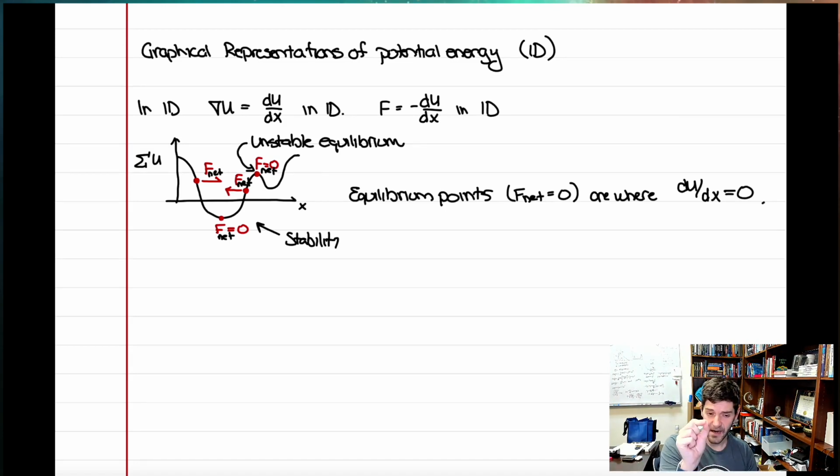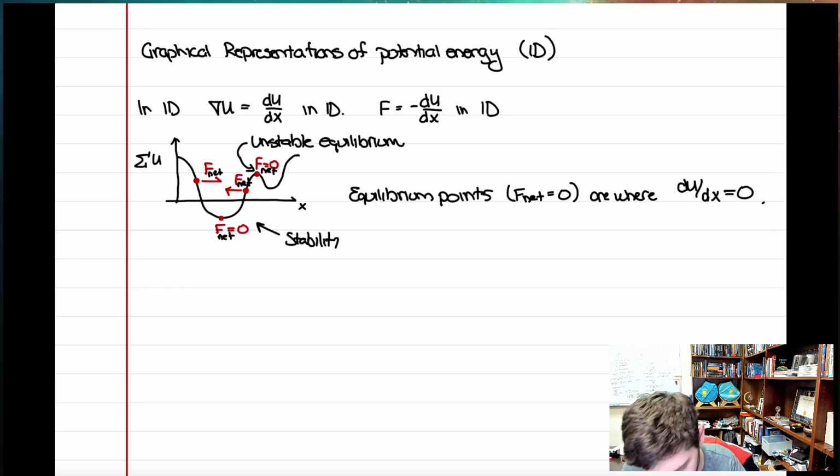Again, put it at the top of the hill at that exact spot, and if it's not moving, it won't move beyond that. Nudge it a little bit, it will roll away. Put it at the bottom of that valley, nudge it a little bit, it will probably end up oscillating. We'll actually get to that. It will undergo simple harmonic motion around that point.